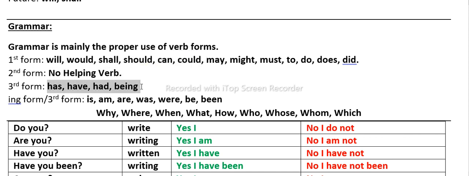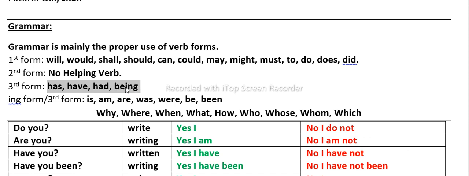has, have, had, being. When you are referring to some action after these words, that will be third form. You can also refer to something like a book or car. You can say, I have a car, or he has a car, or we had a car. But you can't say I being or he being.